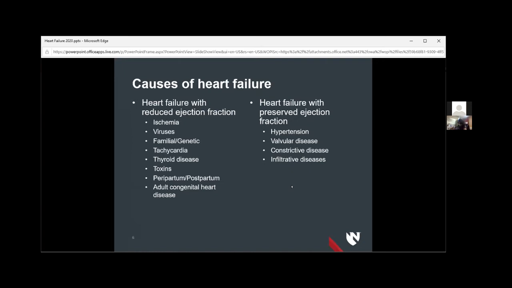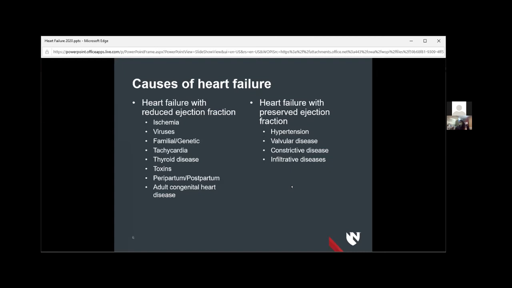Peripartum and postpartum is the most treatable non-ischemic cardiomyopathy. Once the baby is born, if you tell the person that they should not have another child, very likely their cardiomyopathy will not come back and they will regain function.